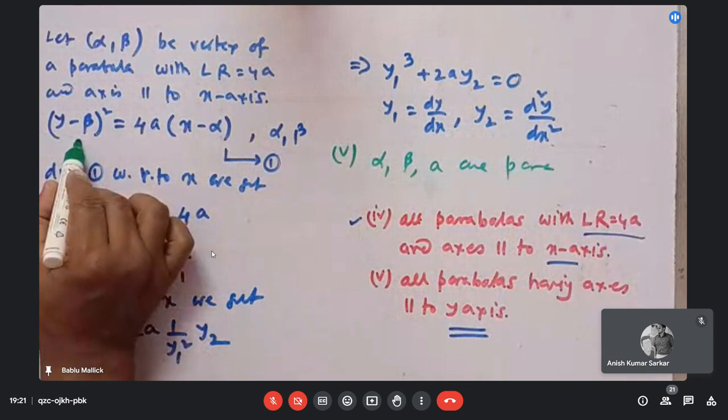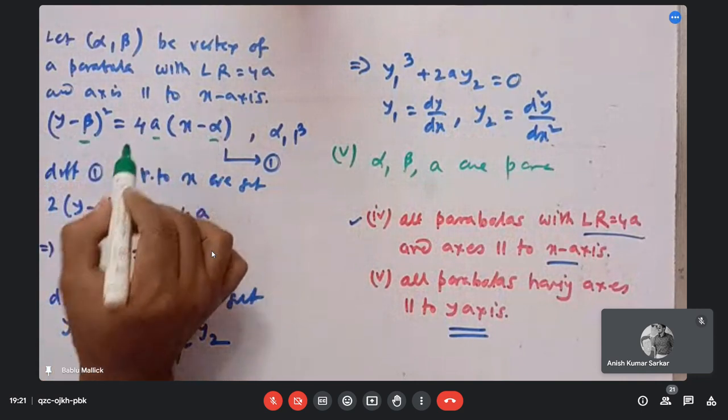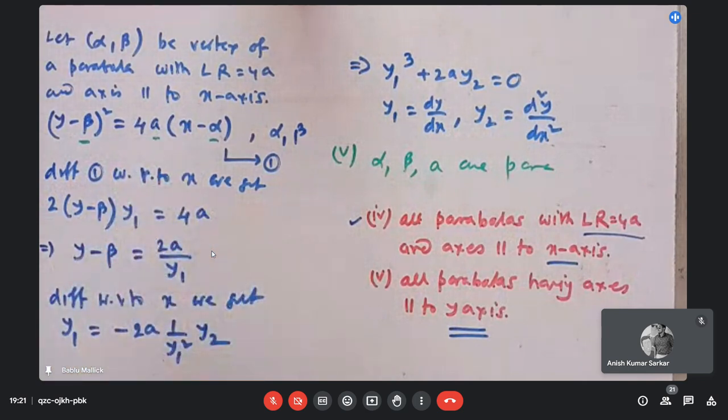So you have to eliminate alpha, beta and a. You will differentiate 3 times, then you will get some value. This is your homework. Very simple.